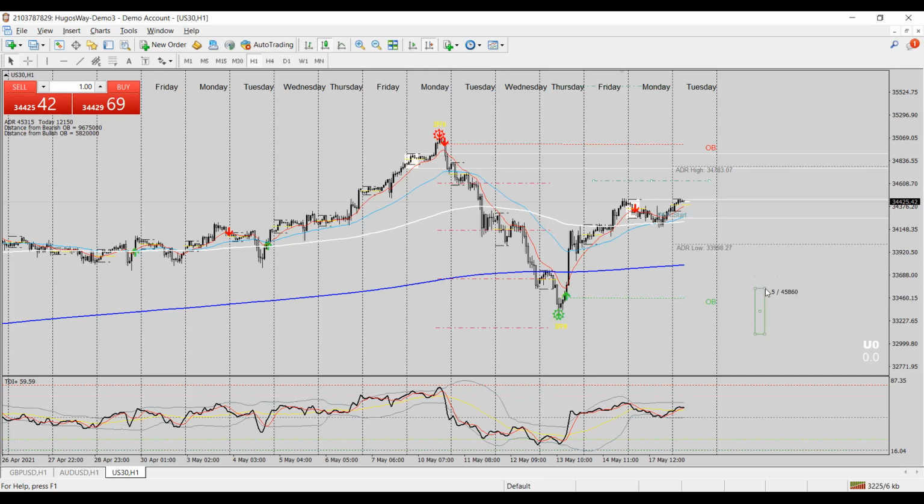Does it say 45, 315? Let's see. That's good enough. I'm going to put this down here, and then I'm going to hold my control, and then I'm going to take this on up.